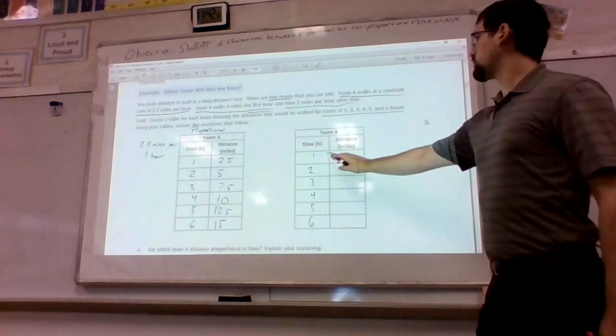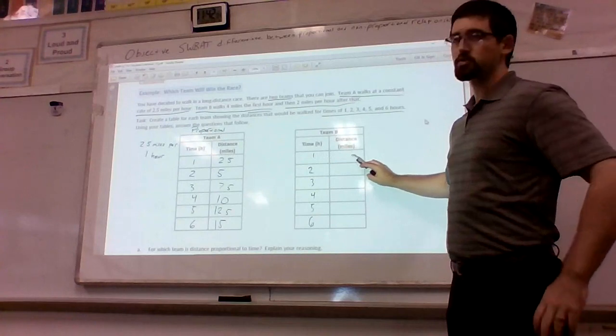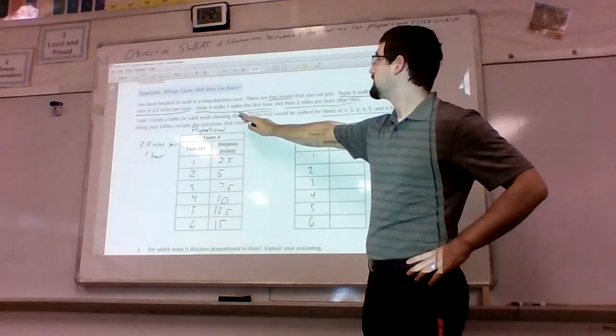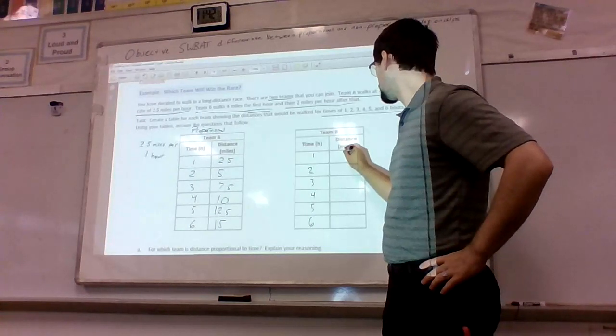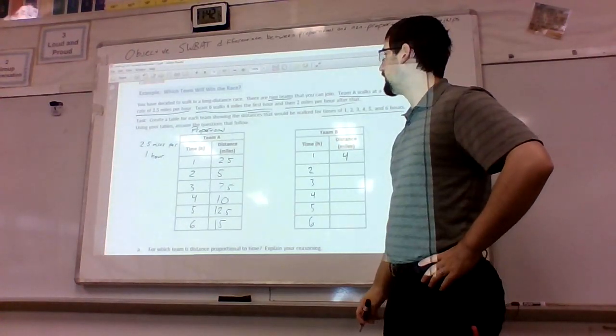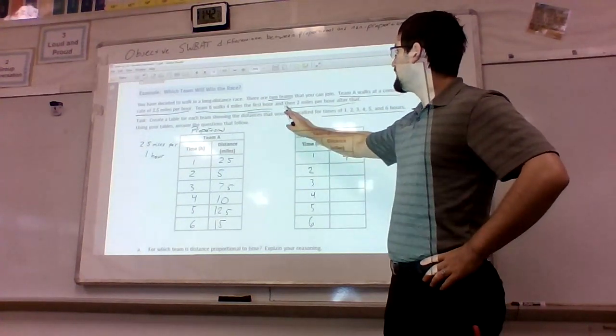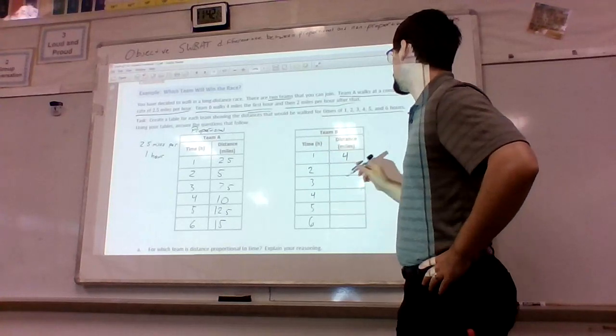So after 1 hour, in the first hour, how far will they have traveled? Well, let's look back here. They walk 4 miles the first hour. So now they've traveled 4 miles after 1 hour. Then, after the first hour, they start to travel 2 miles per hour after that.